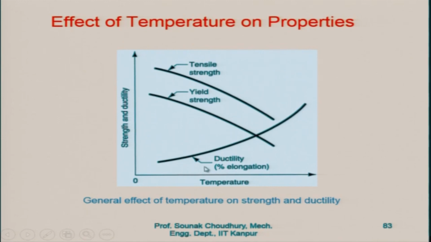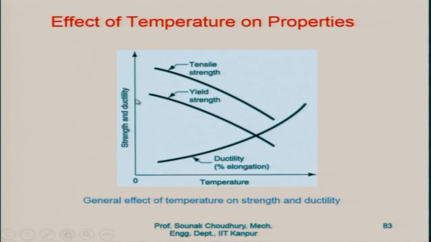When the temperature is increased, the ductility goes up, all right. It goes up not linearly, but it is a non-linear curve, you can see that. Okay. Similarly, the tensile strength and the yield strength both fall as the temperature is increased.